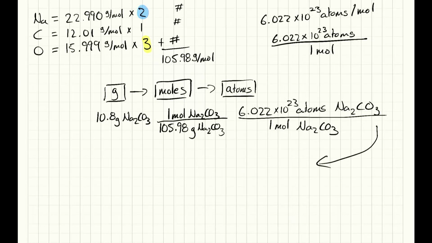And so again, I've run out of space. What I'm going to do are 10.08. I'm going to divide by 105.98. And then I'm going to multiply by 6.022 times 10 to the 23.